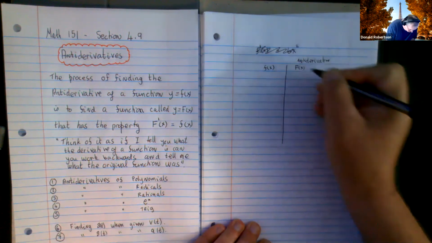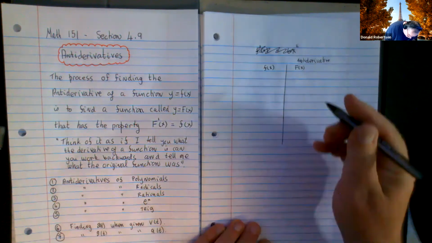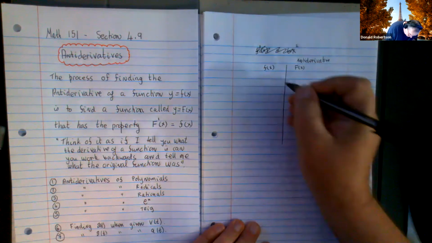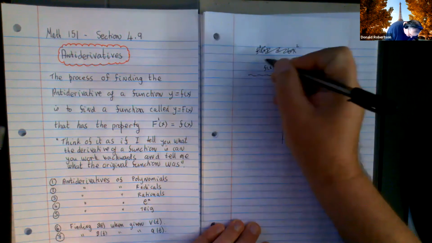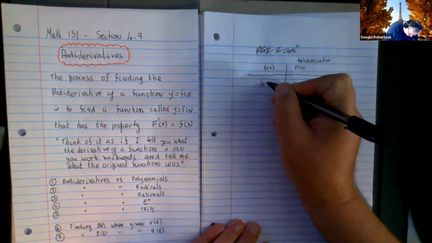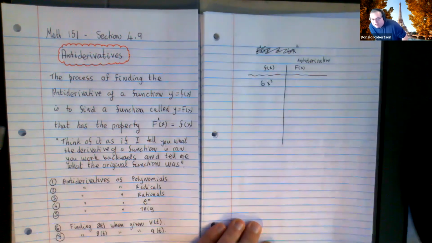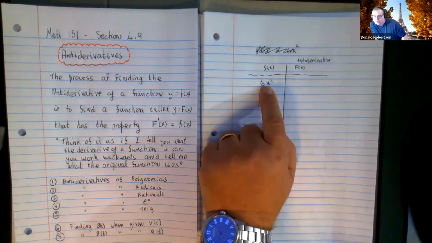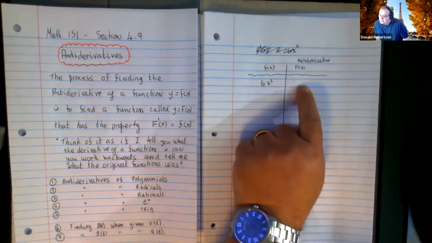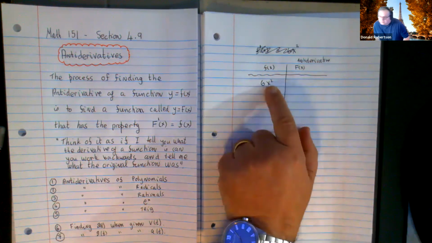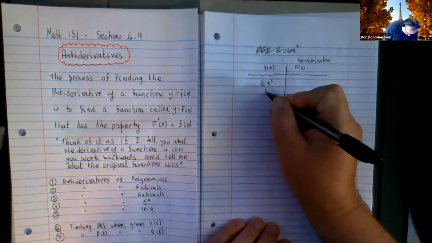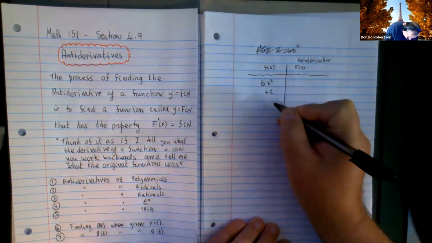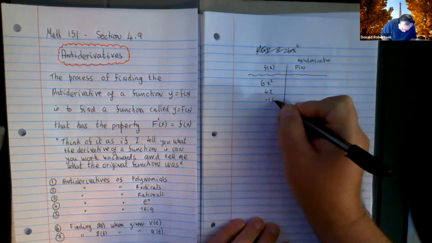And the reason why I changed my notation is to be more consistent with what we're saying. So suppose I tell you right here that you have 6x squared. So if I said the derivative is 6x squared, who would be the original function, right? That's the antiderivative process. Suppose I told you that it was 4x. Suppose I told you it was negative 10.